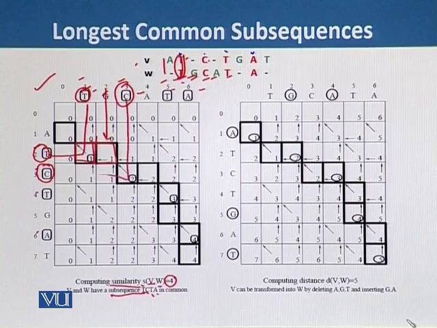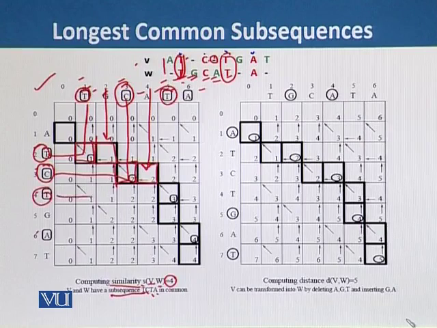So we will move in this direction. This is C and C. Again, the next is A, and there is no alphabet in the V string, so we will move only in the A direction. So again, next is T and T. So we will move further, T and T. Similarly, we will move one by one and we will get the path like this.